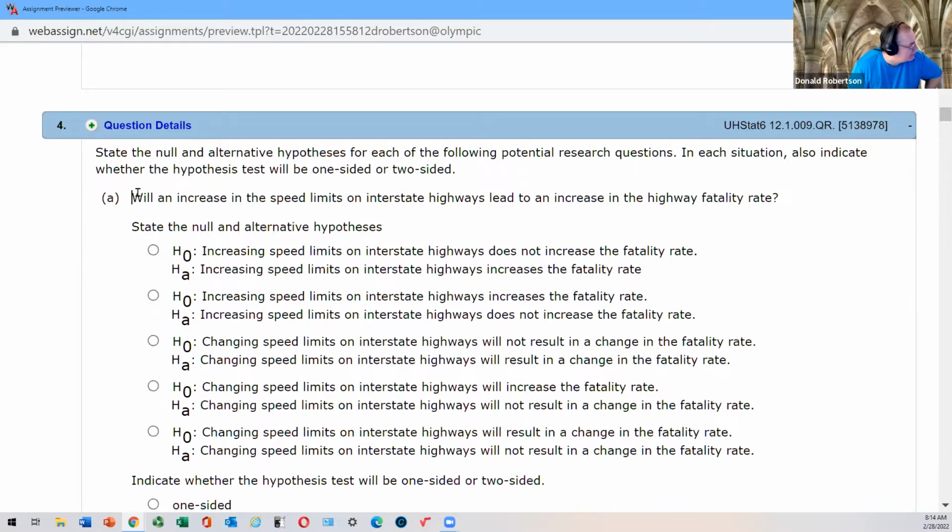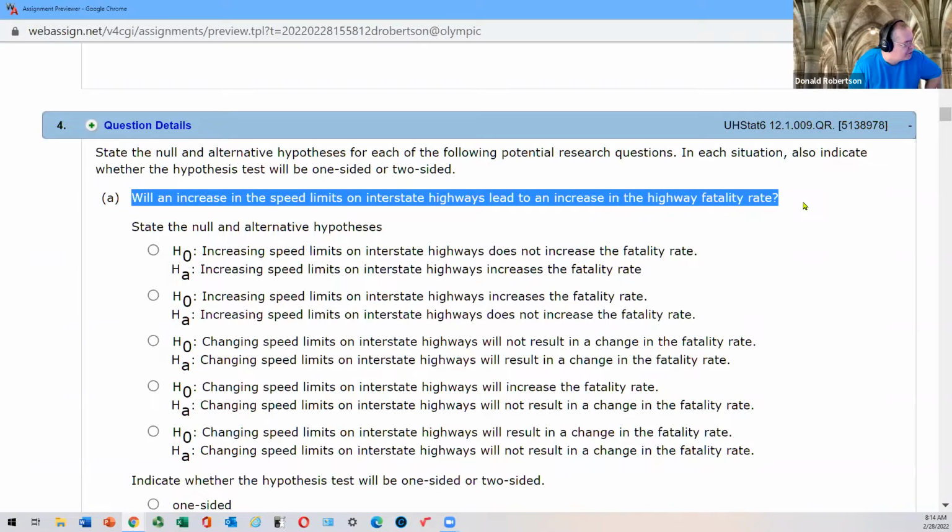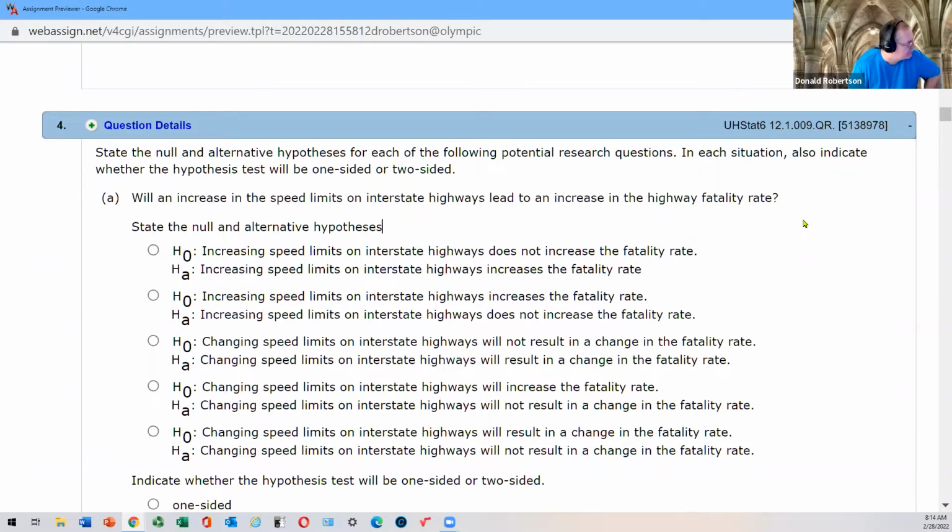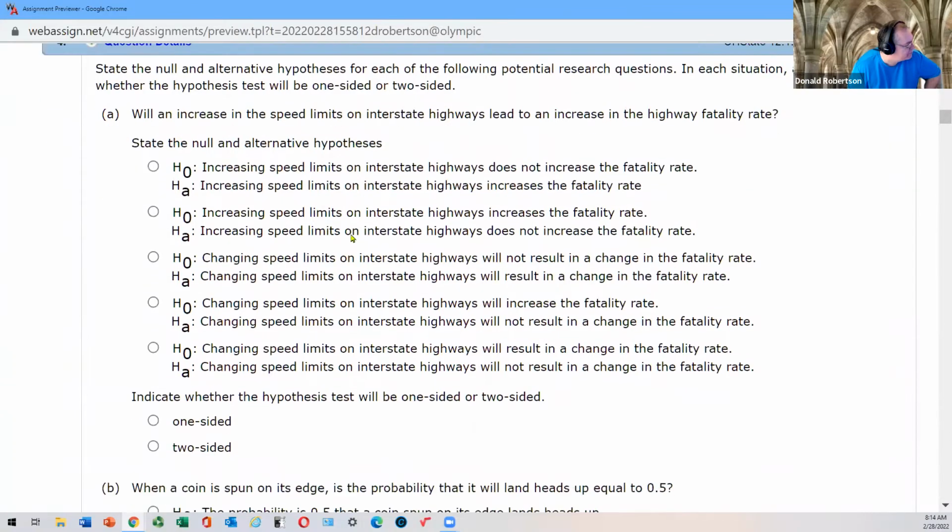So here is what we're interested in. Will increasing the speed limits on interstate highways lead to an increase in fatalities? So I'm going to look through the nulls and see which one.